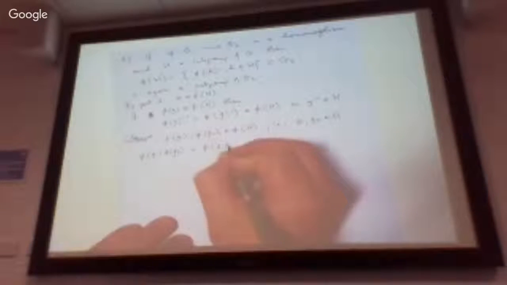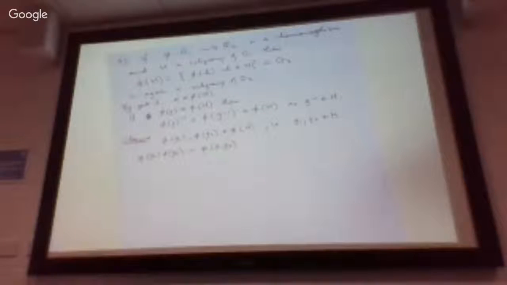Of course, the only thing to do is to apply the group homomorphism property. phi of g1 times phi of g2 is phi of g1 times g2. Yeah, it's just the group homomorphism property.